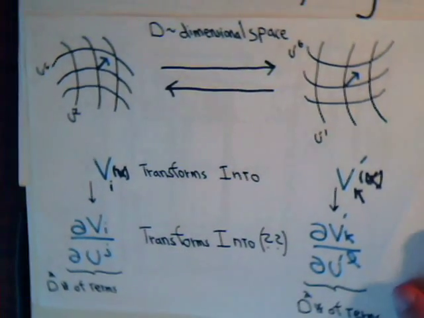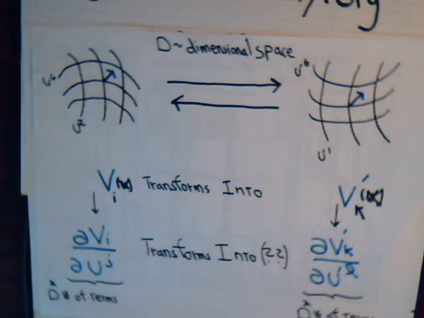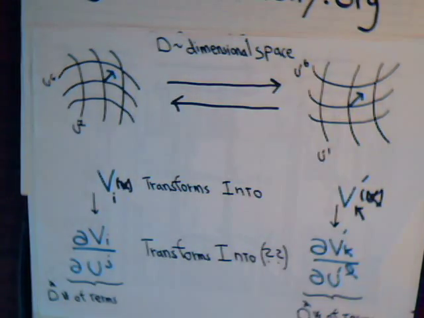Then in the last video, video number 23, we considered the same situation, only going from a curvilinear coordinate system to a different curvilinear coordinate system. We took the partial derivatives in each case in d-dimensional space.